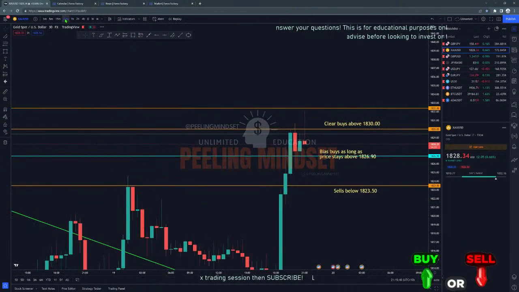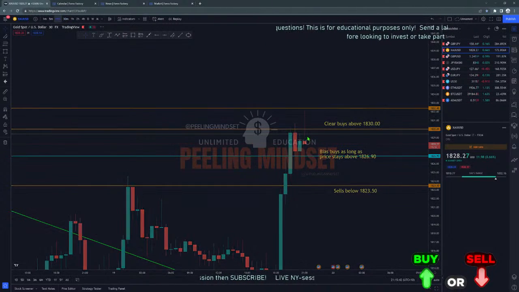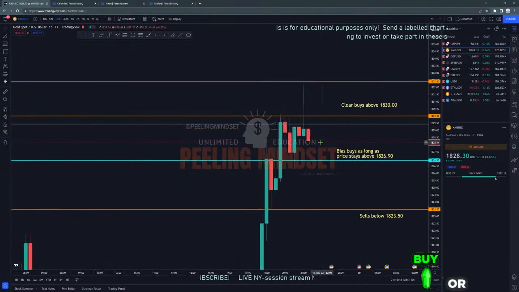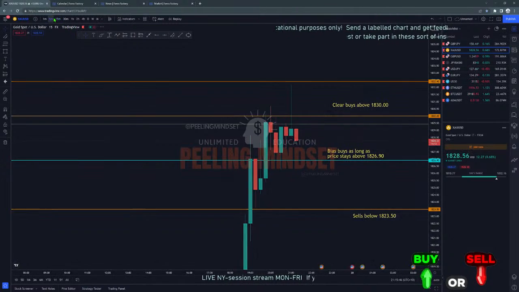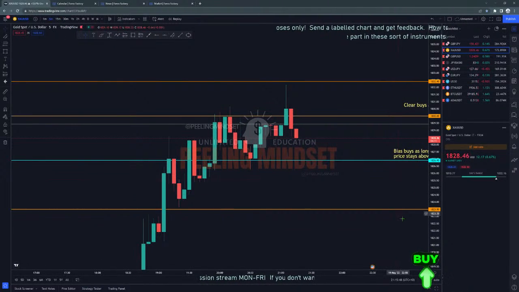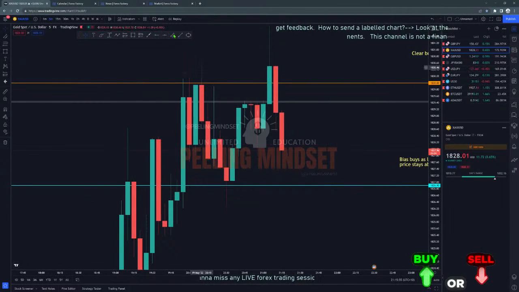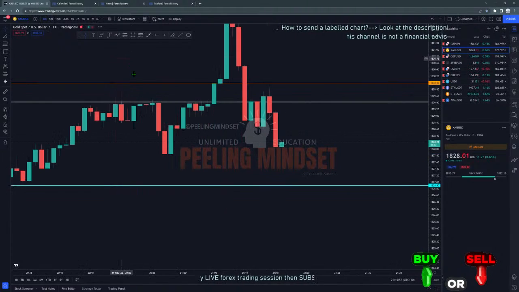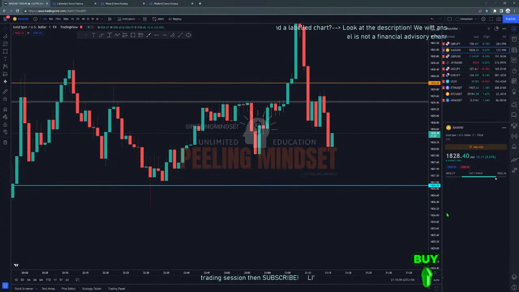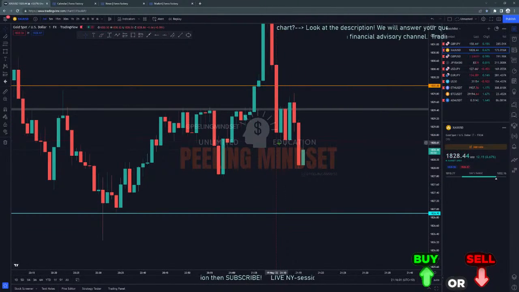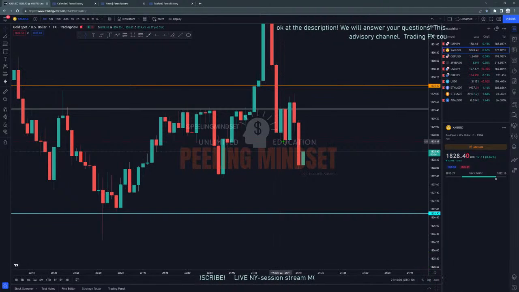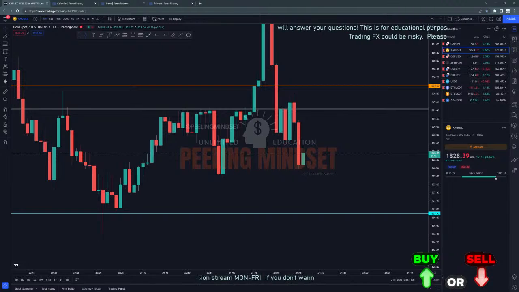Now I want to see if there's any sort of fake out that happened in the past minutes here. Oh. Fake out. Oh yes, I can see a 5-minute fake out here. Oh, we are dropping. 5-minute fake out and we are dropping. I want to see if we can retest this liquidity range and then we can start dropping down. Let's see. See if sells could work out too.